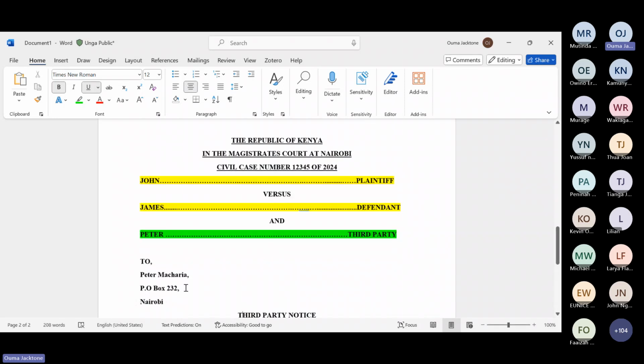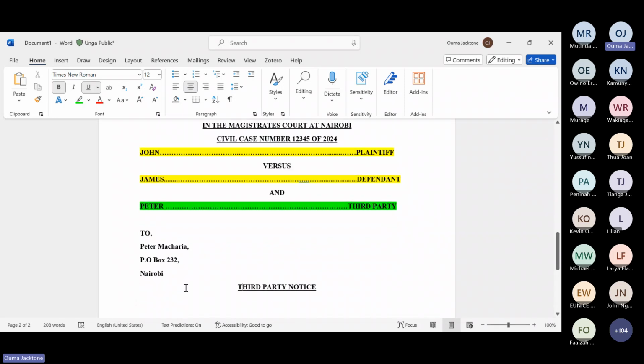Now the notice, like I've said, is a simple statement that, hey, third party, a suit has been filed by the plaintiff against the defendant. The defendant says you are liable to contribute. If you are challenging that, file your response within 14 days. If you don't file a response within 14 days, we shall assume that you've accepted the claim of the defendant. Full stop. Drawn and filed by, to be served upon.